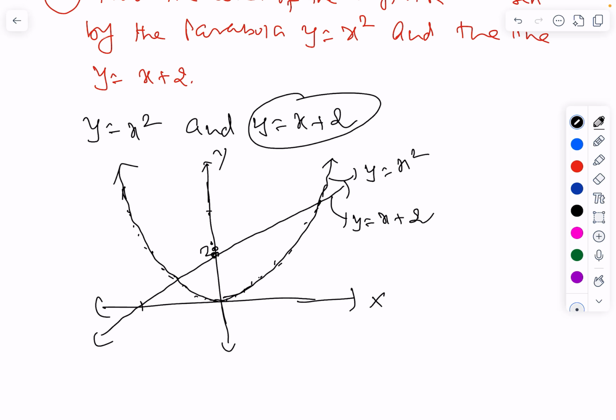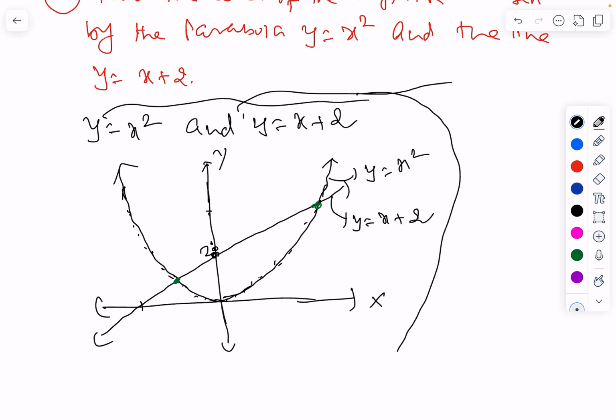So we need to find out these 2 points, this one and this one. That means we need to solve the curves. So first thing is solving y equal to x square and y equal to x plus 2.